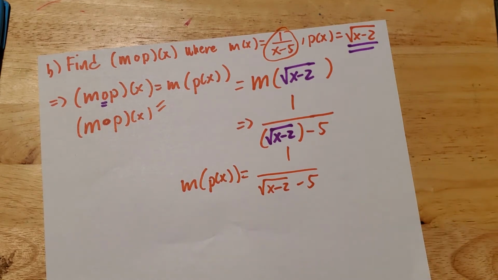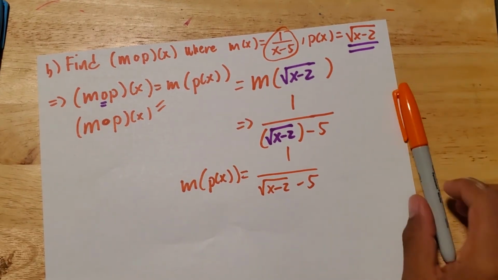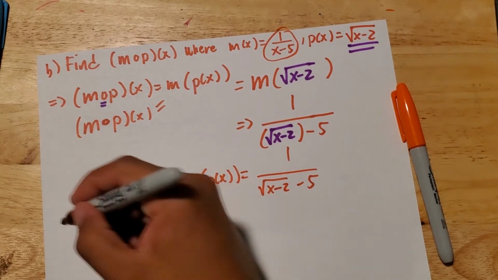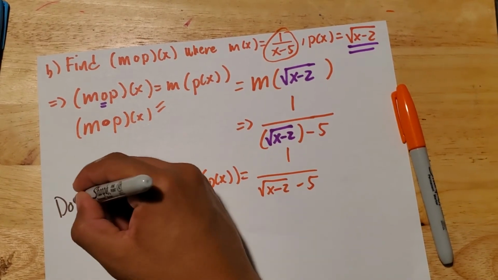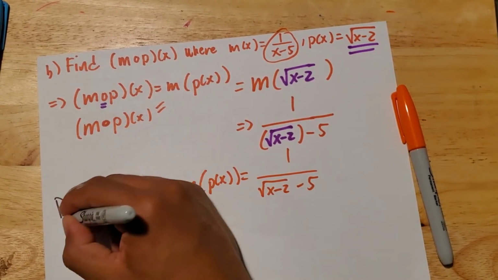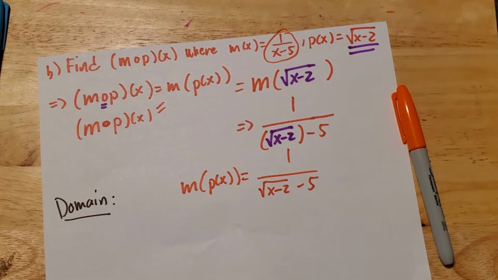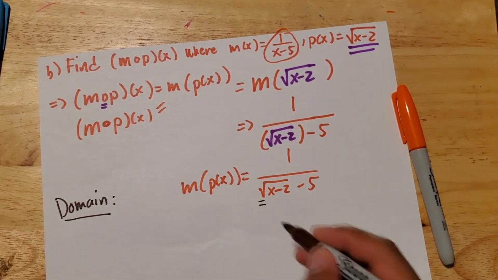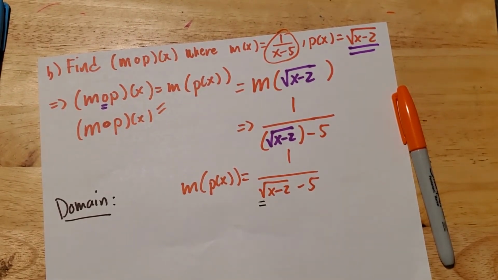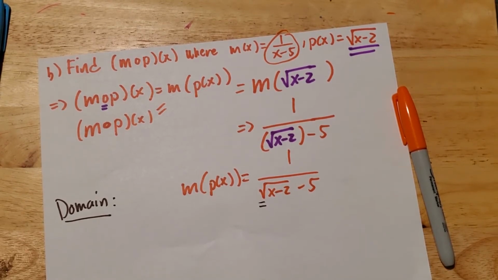But let's say you were asked to find the domain. Now here is where you have to be careful. There are procedural approaches to this, but I prefer that you sit and put a little bit of thought into it. Right away, the first thing we notice is there's a square root, so we know you don't want negatives inside.